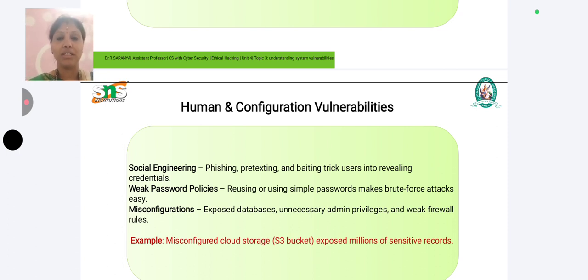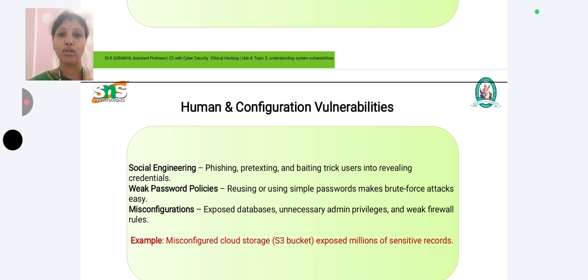The two important malicious attacks are phishing, pretexting, as well as baiting, which trick users into revealing credentials. Weak password policies, reusing or using simple passwords, make brute force attacks easy. These can be overcome with the help of Hydra or John the Ripper.